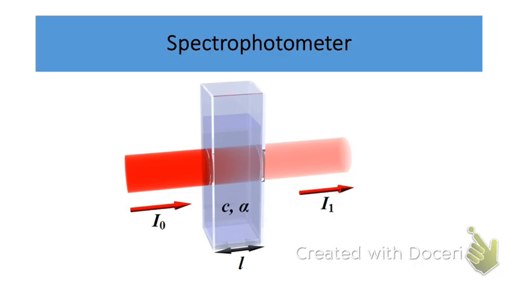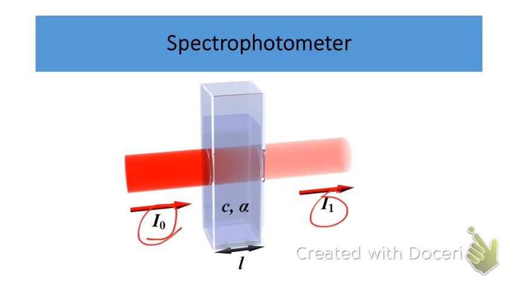Okay, so I want to look at some specific variables here. We have I sub O and I. These are two important variables that our photospectrometer is going to determine, and then it is going to get us a value called the percent transmittance. We'll talk about that a little later. I stands for intensity.